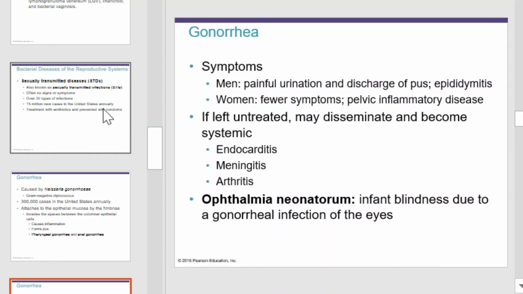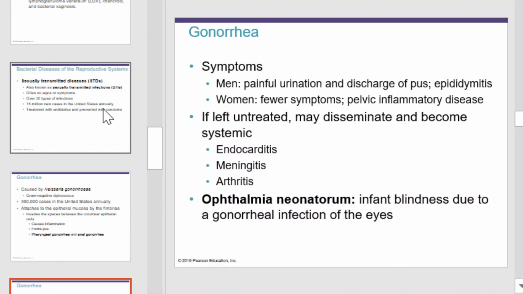Symptoms include painful urination, discharge, and epididymitis. In women, they have fewer symptoms, but they can also experience pelvic inflammatory disease. If left untreated, gonorrhea may disseminate and become systemic, leading to endocarditis, meningitis, and even arthritis.